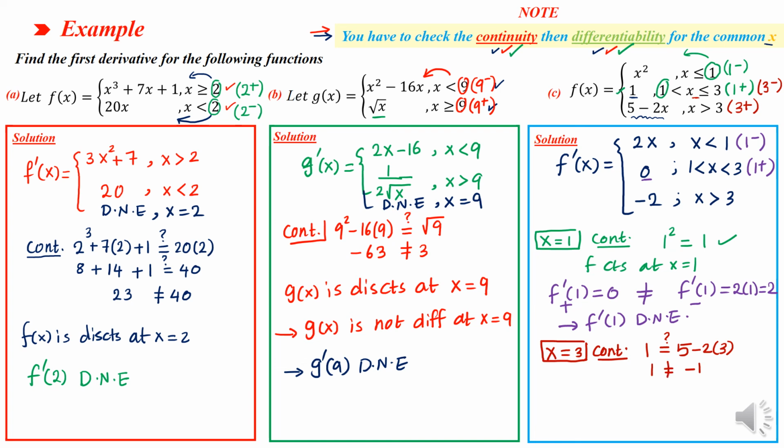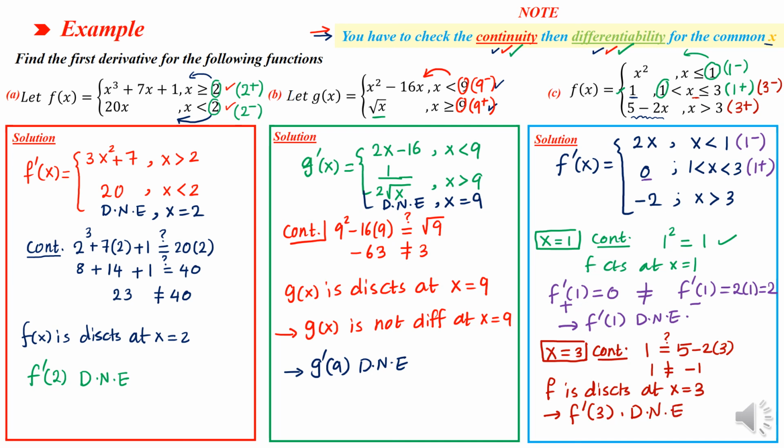So as you see, f is discontinuous at x equals 3, which means that f prime of 3 does not exist.